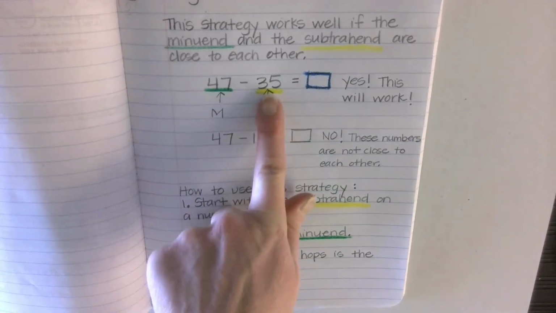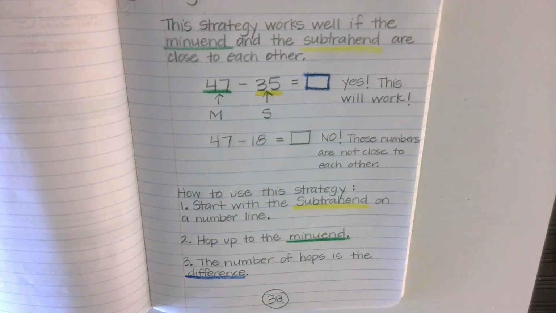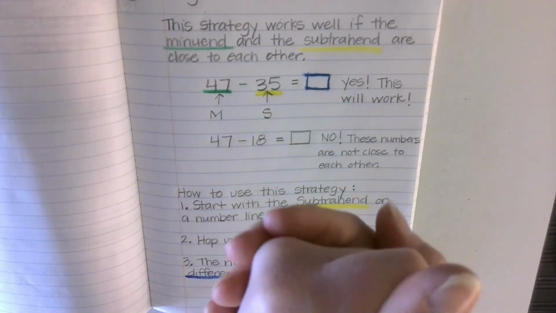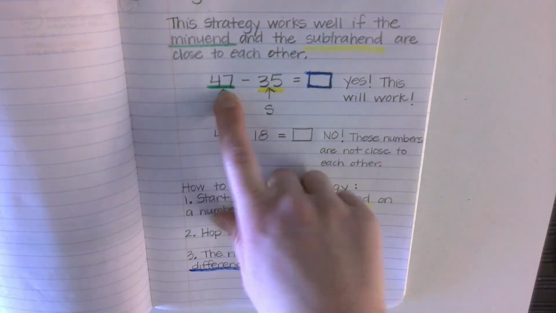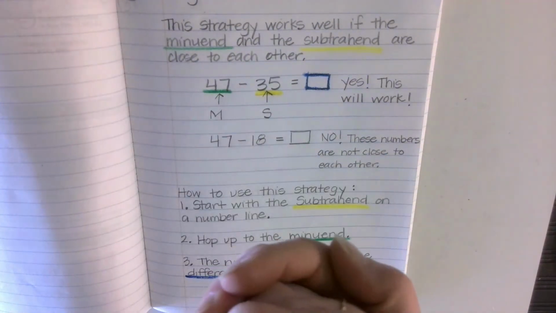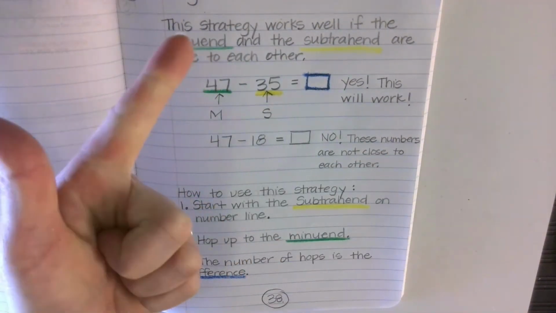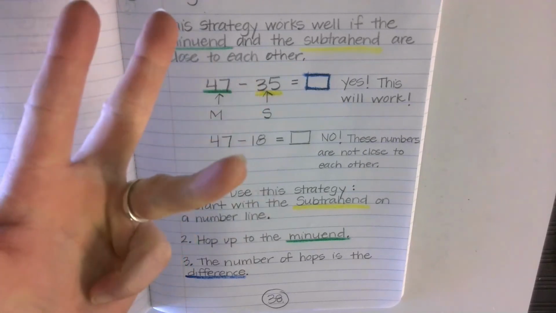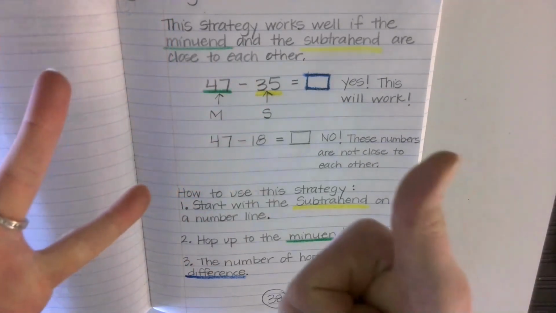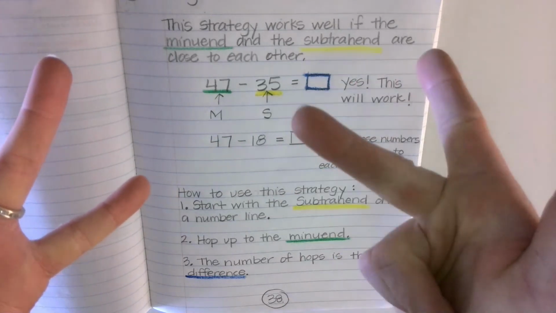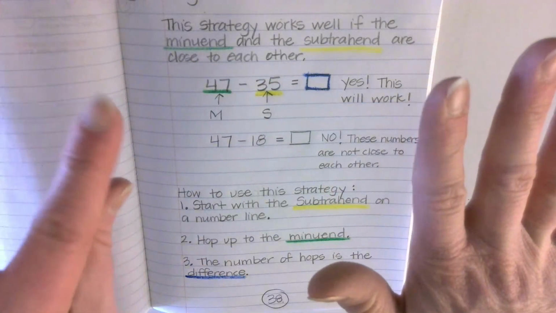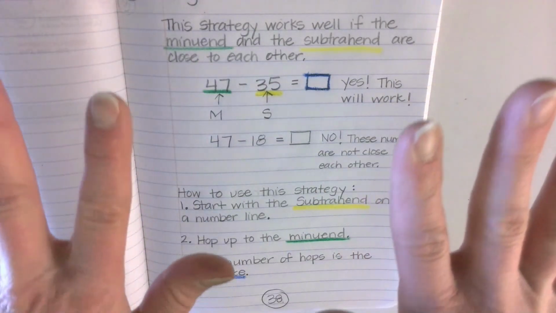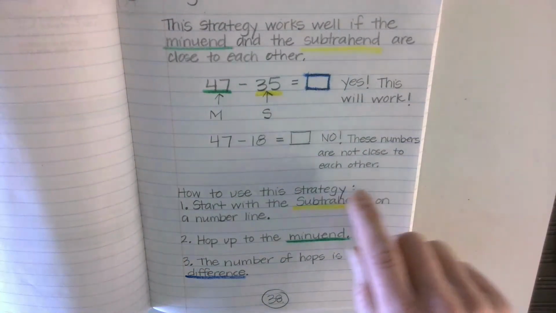So now we can just hop up using counting ourselves. We can start at 35. We're going to start at 35 and we're going to count up to 47. So 35, 36, 37, 38, 39, 40, 41, 42, 43, 44, 45, 46, 47. How many was that? 12. That was 12 hops. Good.